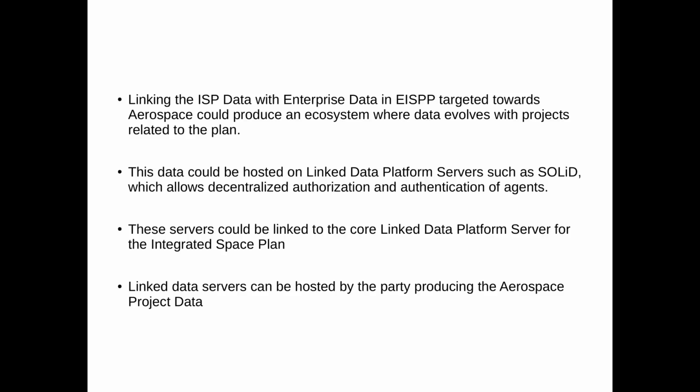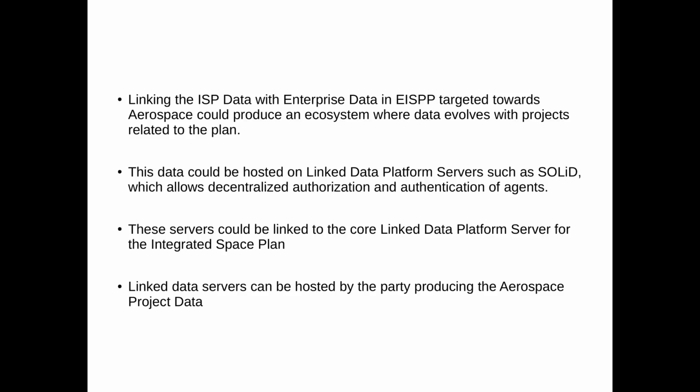And so linking ISP data with enterprise data in EISPP targeted towards aerospace could produce an ecosystem where data evolves with projects related to the plant. The data could be hosted on linked data platform servers such as Solid, which allows for decentralized authorization and authentication of agents.